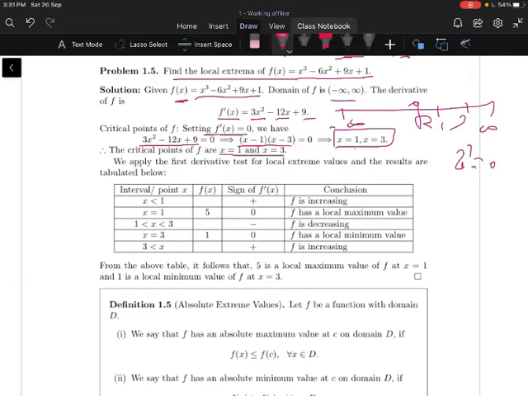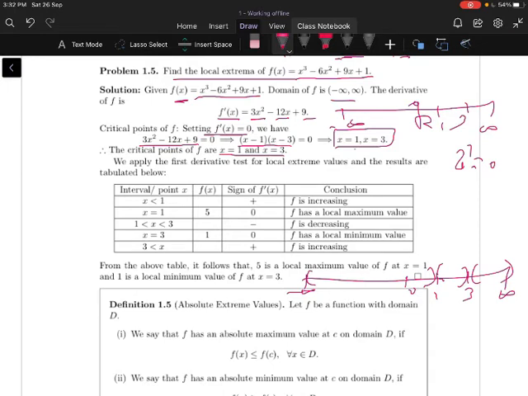Now let us apply the first derivative test for local extreme values, and these results are tabulated in the table here. Let us divide the domain into subintervals by using the critical points. This is the whole real line, minus infinity to plus infinity. This is 0, and this is 1, this is 3. So the whole domain can be split into minus infinity to 1, 1 to 3, and 3 to infinity.